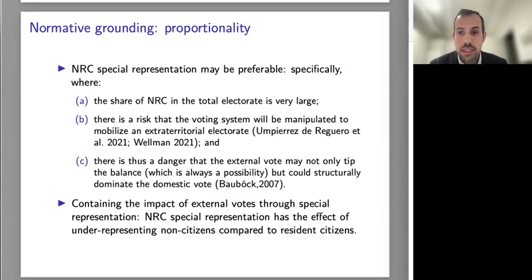So this suggests that legislators choose a special over assimilated representation less because they want to strengthen the influence of the non-resident citizenry, but because they want to represent them while also containing their influence. Probably this can be associated with a more utilitarian approach than others.